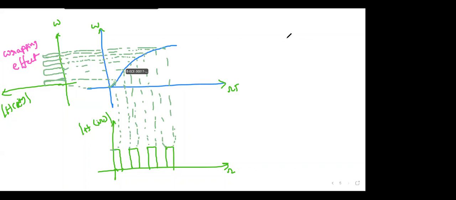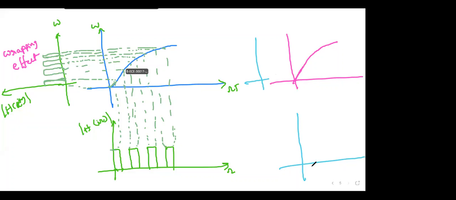In a similar way, you can also draw the plot for the phase. Phase also you can do the same thing. That also you will get a similar kind of effect. It is linear in the analog domain, we design the linear filter. But when converted into the digital domain, this will not be linear.